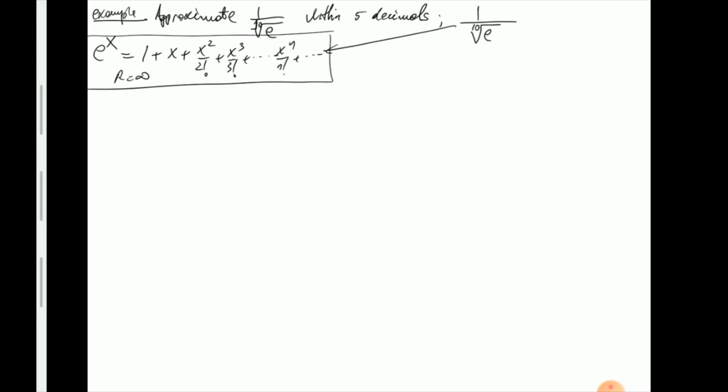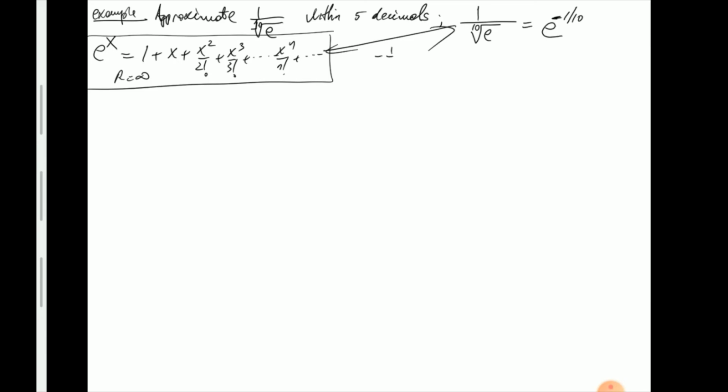So if you look at the function itself, e to the x, and the number you want to approximate, you see some connection in the sense that you can write your number as a power of e. So the 10th root of e is e to the 1/10. So 1 over that is e to the minus 1/10.